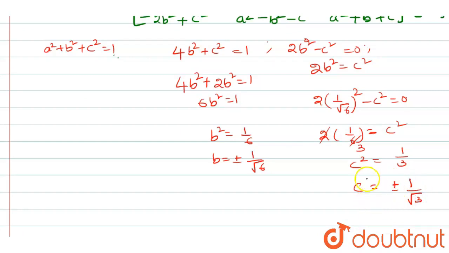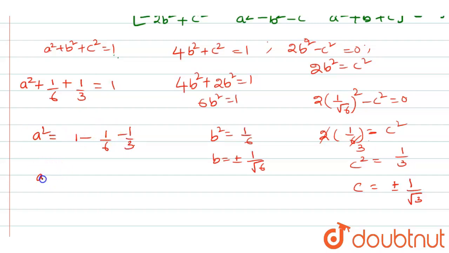Now we have the values of b and c. Substitute the values: a square plus b square, which is 1 by 6, plus c square, which is 1 by 3, equals 1. So a square equals 1 minus 1 by 6 minus 1 by 3.